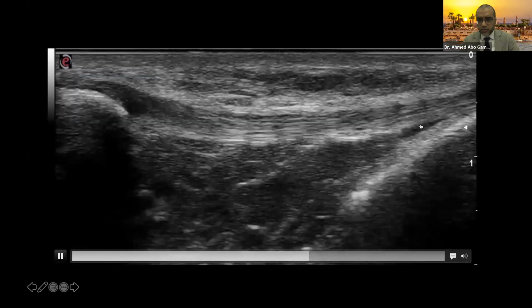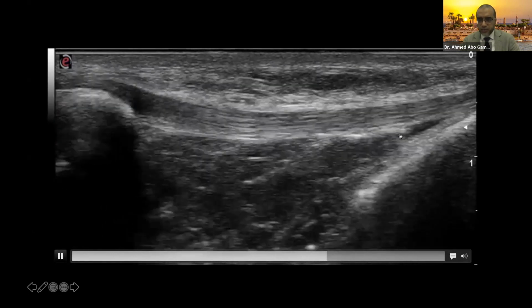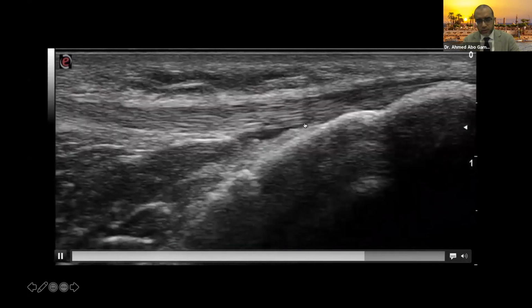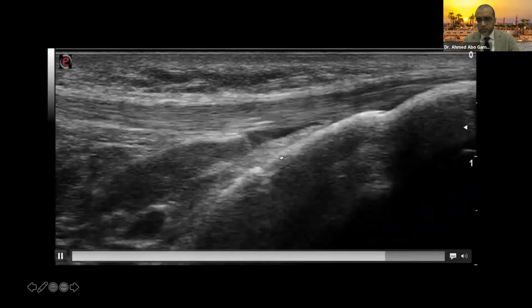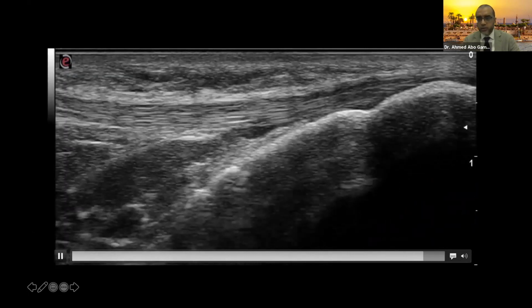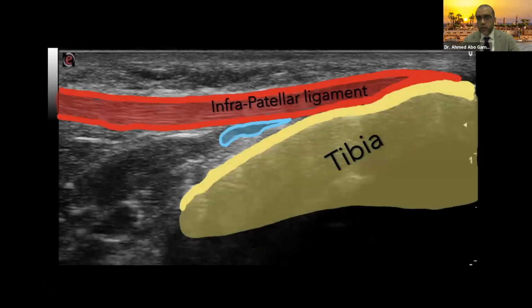This is also part of the PERSA, the deep infrapatellar PERSA, usually present as a 1 or 2 millimeter signal. So this represents a live examination of the infrapatellar ligament, which is a site of significant tendon inflammation at both proximal and distal attachments in enthesitis.